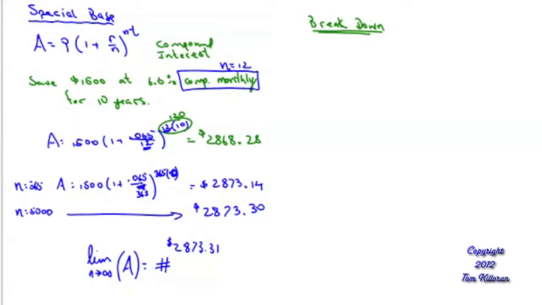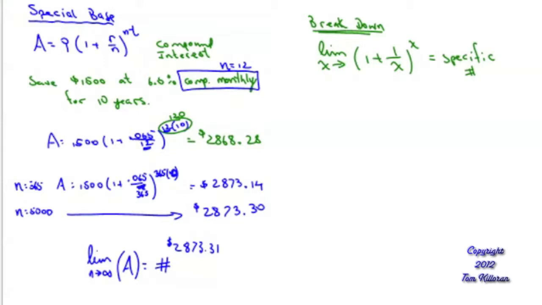So if we break this down, we're saying that if we take the limit, I'm going to just create a new variable x, of this, which is the essential piece of the compound interest formula, the 1 over n raised to the n part, then this must equal a specific number.